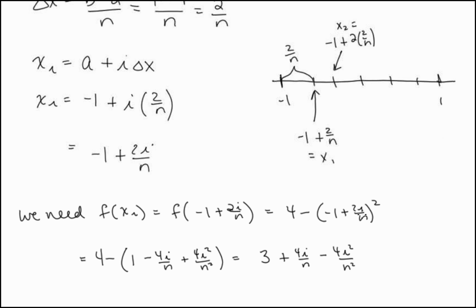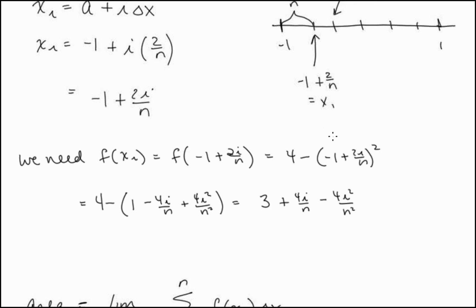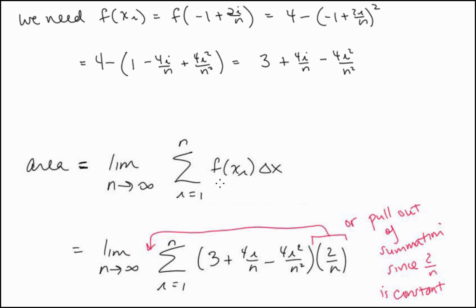We have -2i over n and another -2i over n, so that's -4i over n. And then we have a +4i squared over n squared. And now simplifying by distributing through this negative, we have 3 plus 4i over n minus 4i squared over n squared. Now let's plug that in for f of xi.